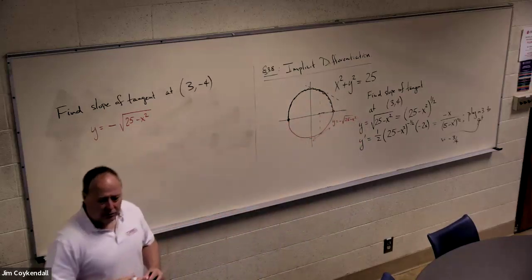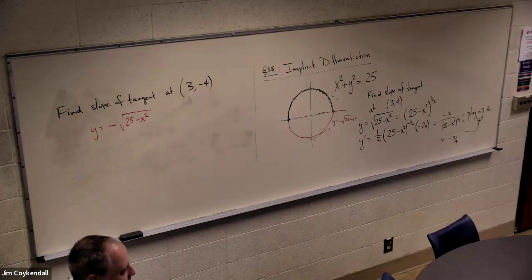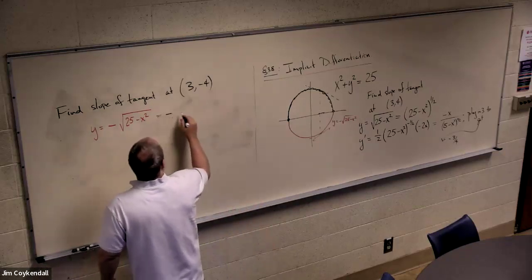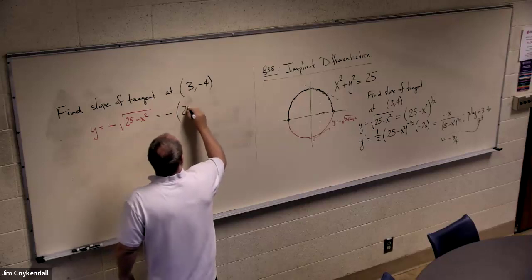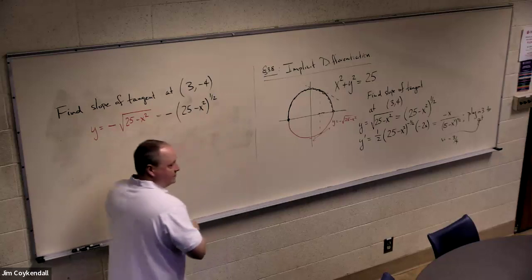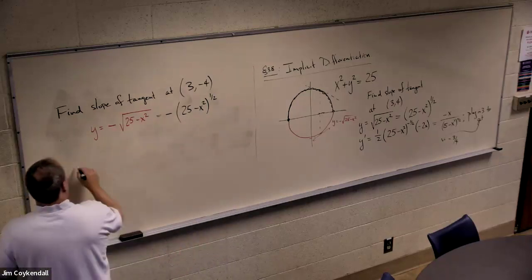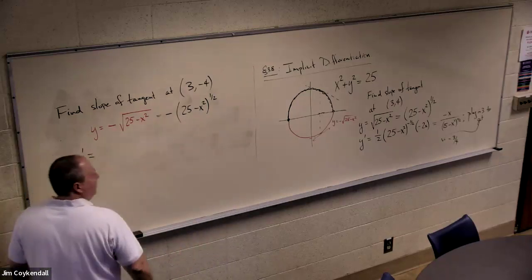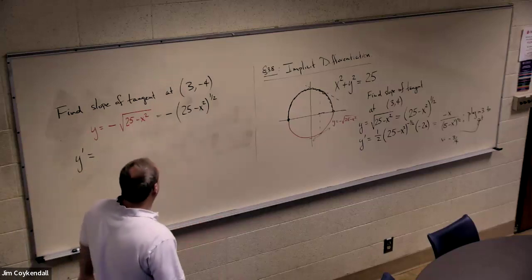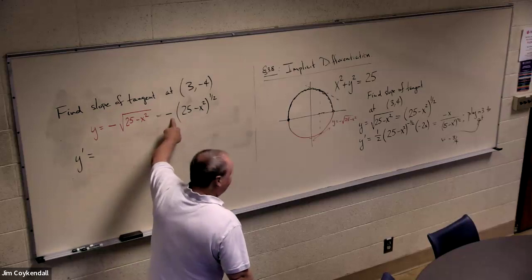Probably want to do it this whole function, but this is negative 25 minus x squared. And so if you go through, your observation is actually the correct one for this particular problem. The only thing that changes is the sign.